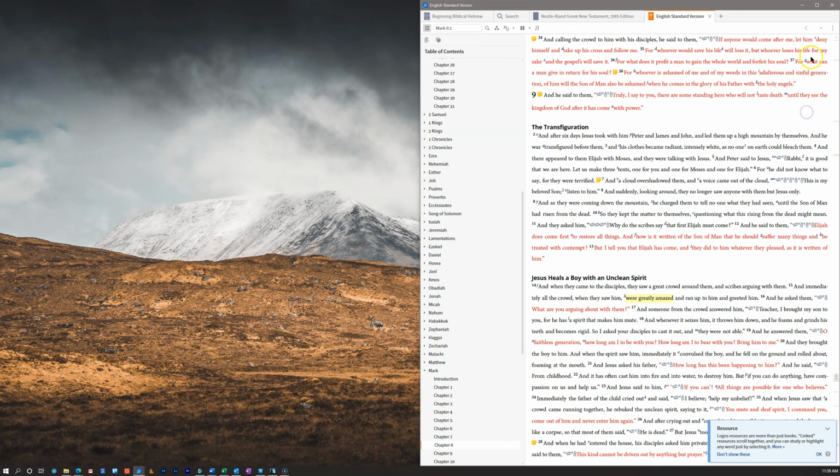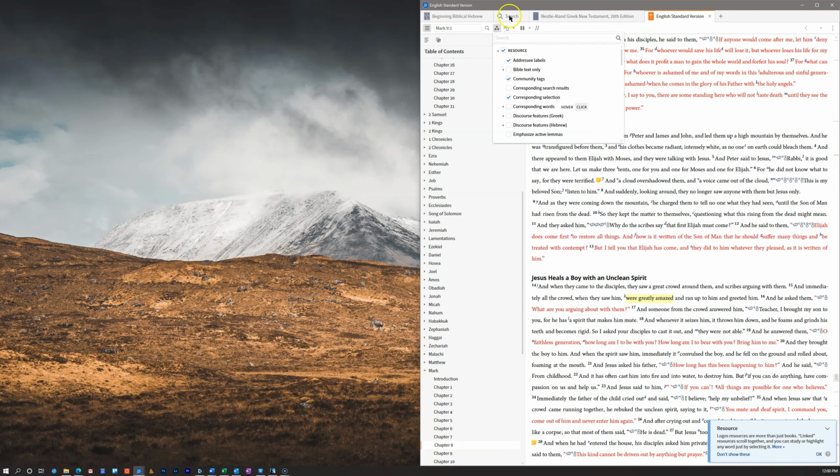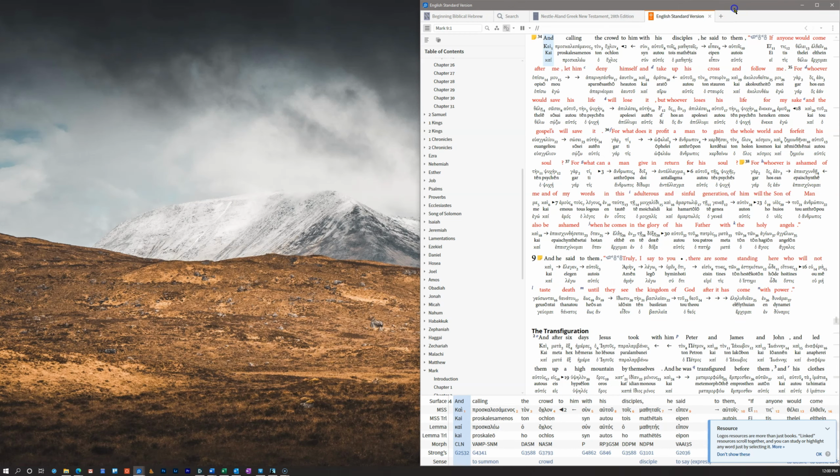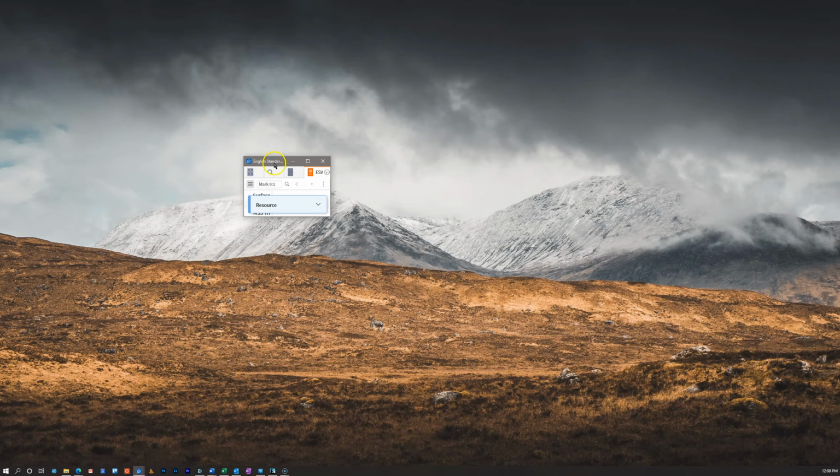Right. Okay, so if you look down here at the very bottom, can you see my mouse? Okay, sure, of course. Let me try it this way. I'm going to open up my interlinear and maximize the window here.